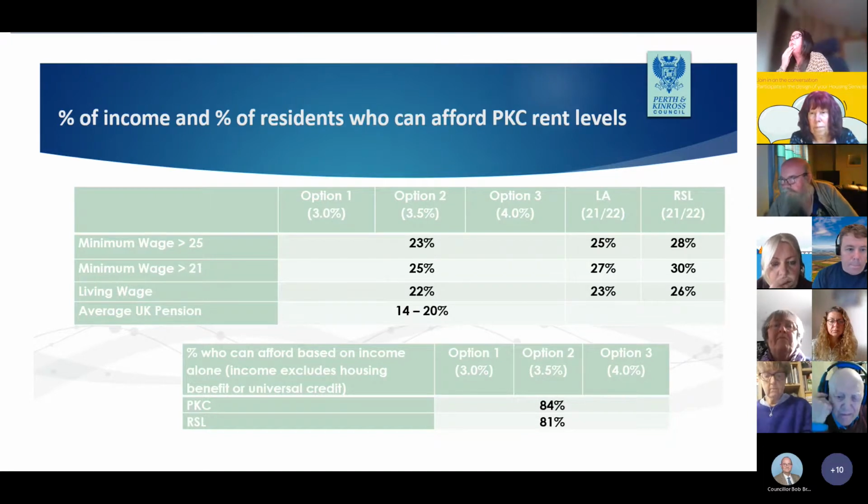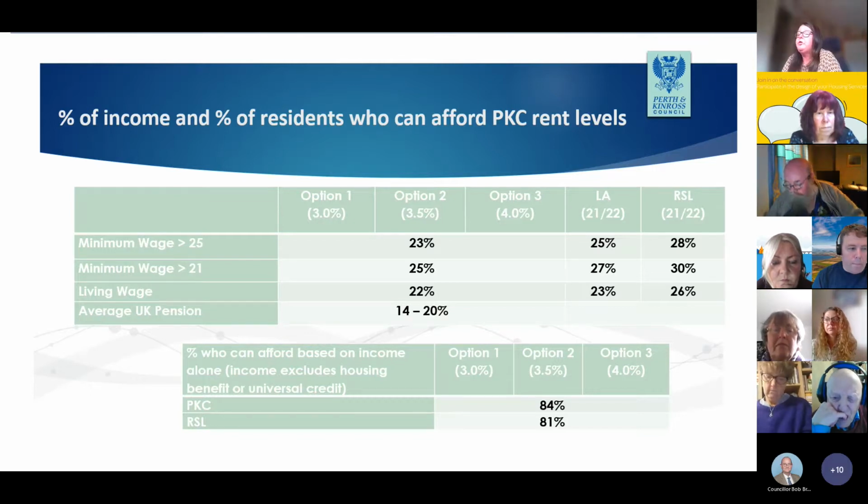You can see there the comparison of the neighbouring local authorities and registered social landlords. It ranges from anything from 23% up to 30% of their income, and that's before any anticipated increase in rent levels.